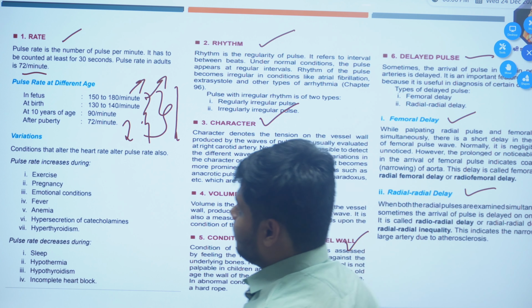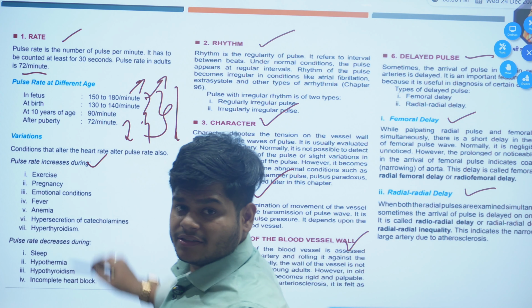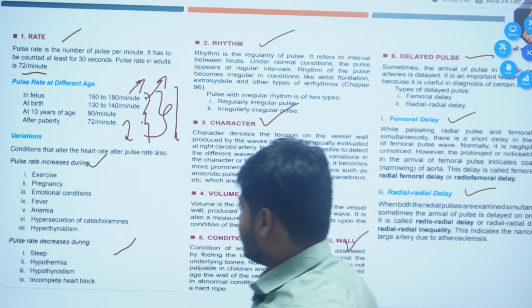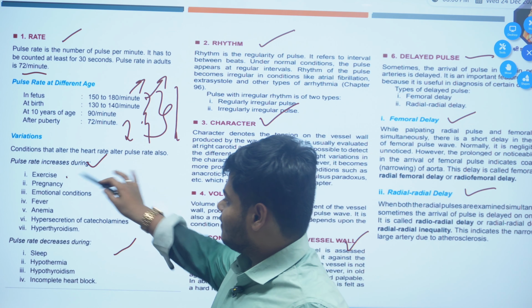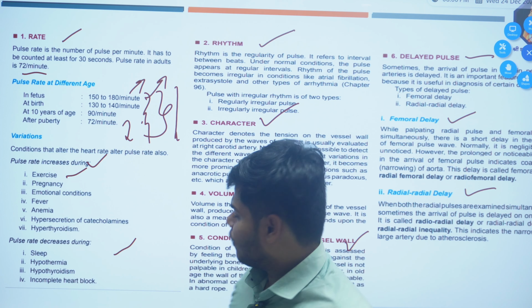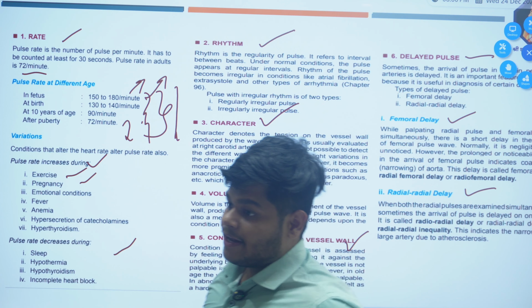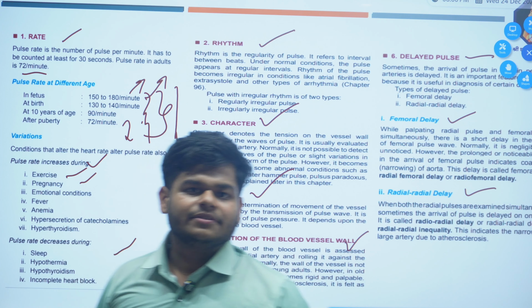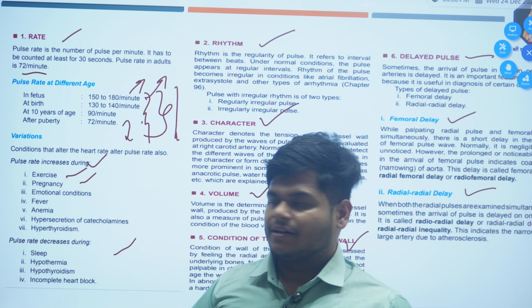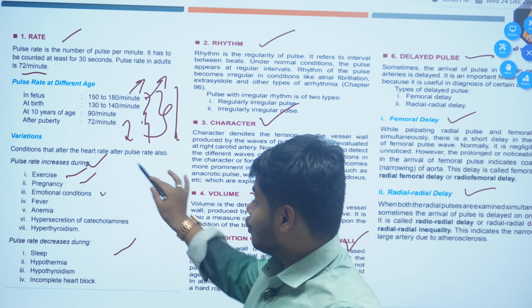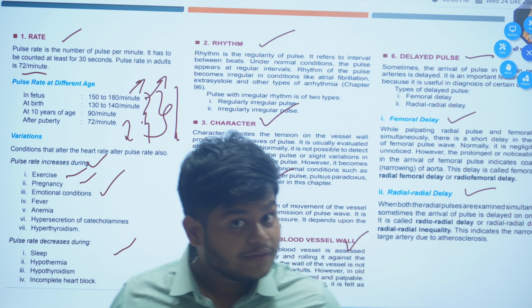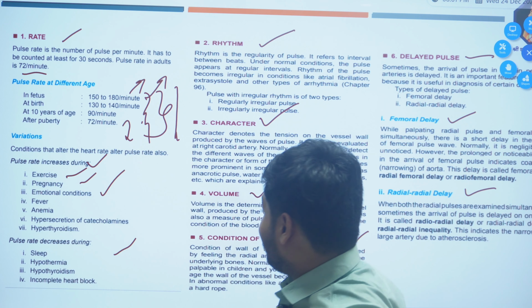Now variation in the pulse: when does pulse rate increase or decrease? Pulse rate increases during exercise, as we all know. It increases in pregnancy, because the child's heart rate also adds to it. It increases with emotional conditions, depression, fear, anxiety, right?